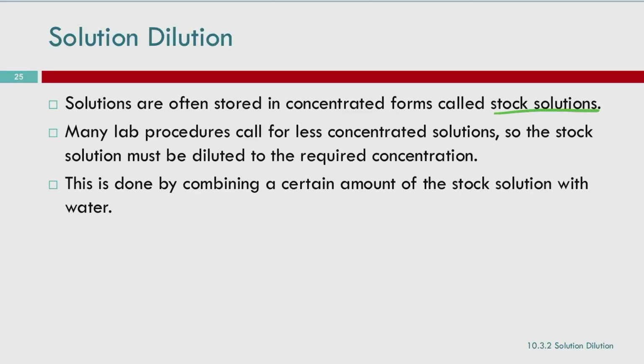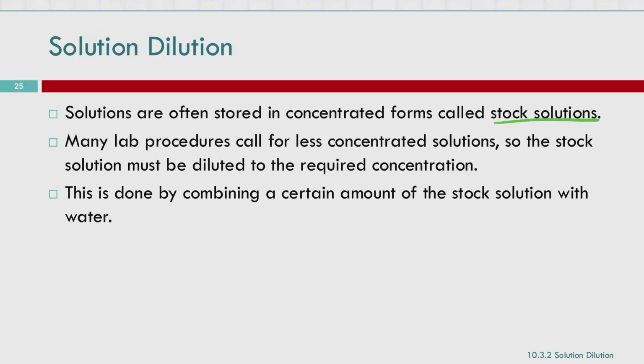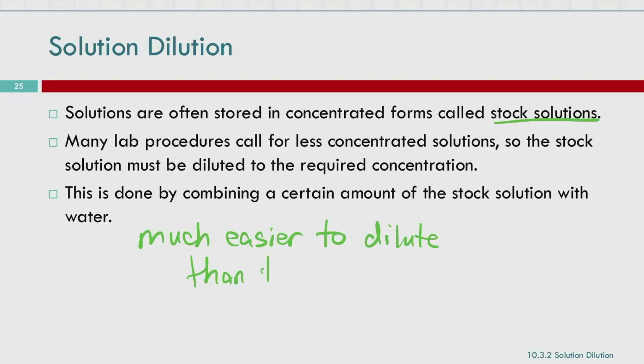It's really difficult to remove the solvent to make something more concentrated. That takes a lot of effort. So much easier to dilute than to concentrate. Sometimes it's almost impossible to concentrate.